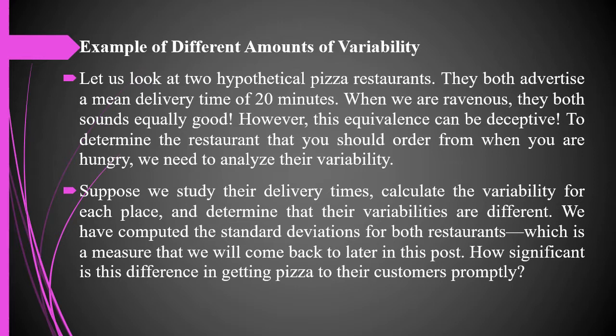To determine the restaurant that you should order from when you are hungry, we need to analyze their variability. Suppose we study their delivery times, calculate the variability for each place, and determine that their variabilities are different. So we have computed the standard deviation for both restaurants, which is a measure that we will come back to later. How significant is this difference in getting pizza to their customers promptly?